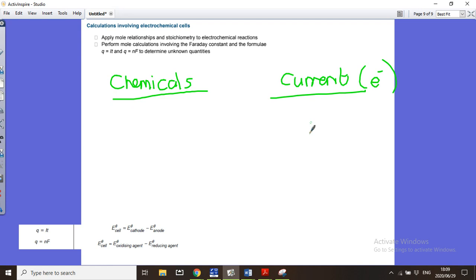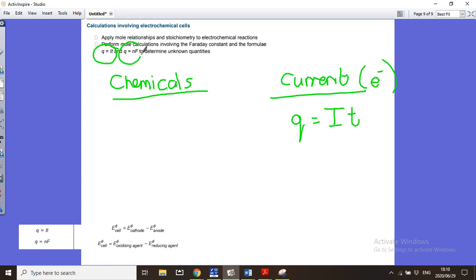So let's say they tell you that you've got a current of 5 amperes. You're going to use your equation Q equals IT, and they should then give you a time, and you are going to use this to get your charge. Now, charge is electrons, so you need to figure out how many electrons you actually have.